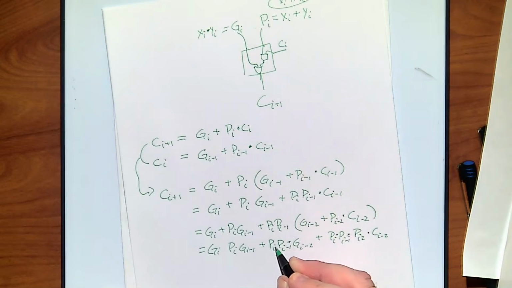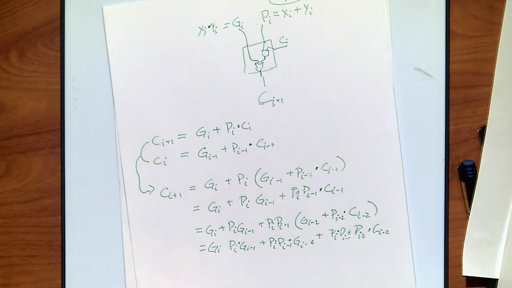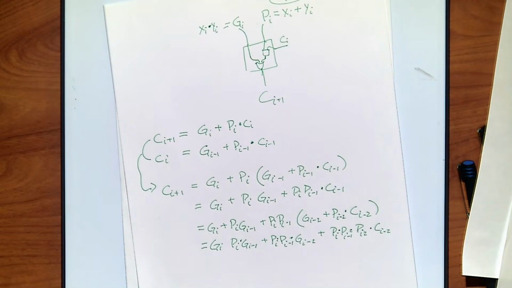Agree? And you'll rapidly see there's a pattern to build all these bits. Generate I, or propagate I generate I minus 1, or propagate I propagate I minus 1 generate I minus 2, or propagate I minus 1, propagate I minus 2, ANDed with C at I minus 2. All right, see how that's going? It's pretty exciting. This is actually linear. But I'm still going to hit a limit.